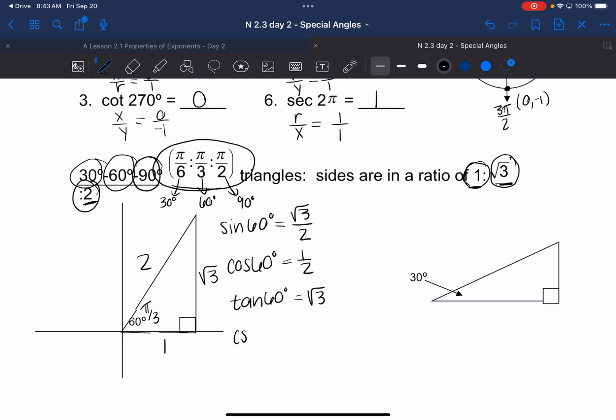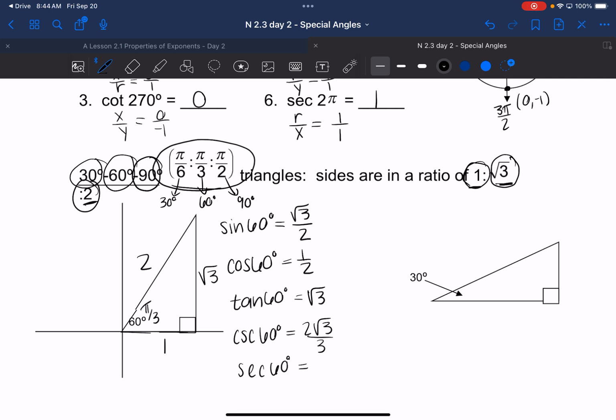So I'm going to start with cosecant of 60, which is the reciprocal of sine, right? So that would become 2 over root 3, but do I leave square root of 3 in the bottom? So what's that one going to be? Good. All right. And then we need secant of 60. So this one is the reciprocal of cosine.